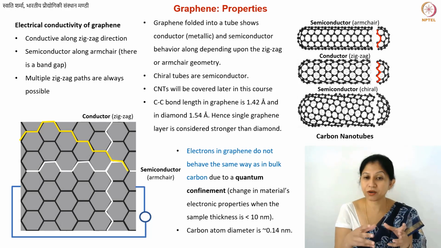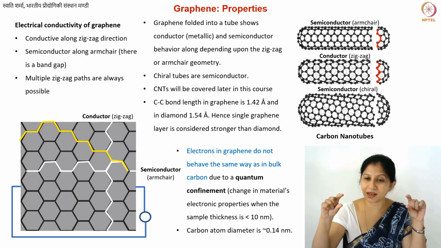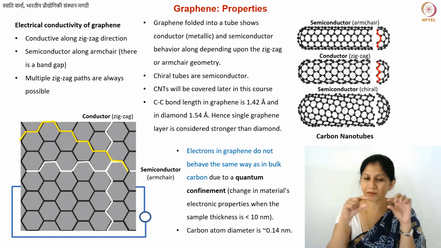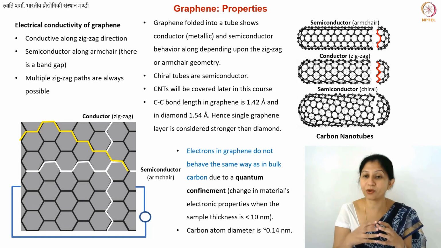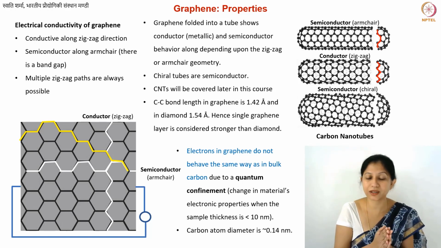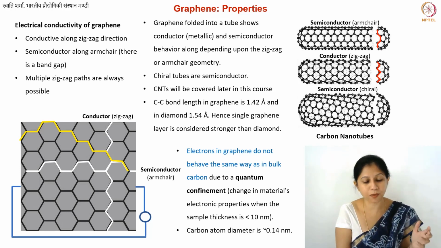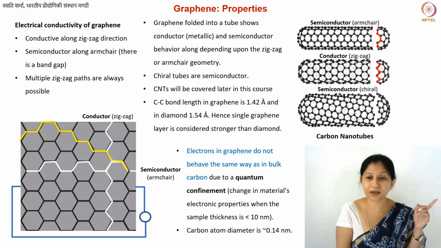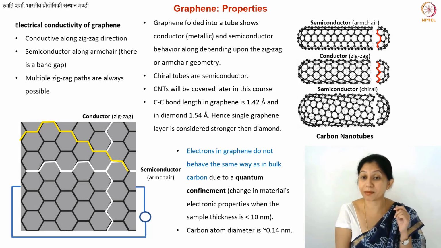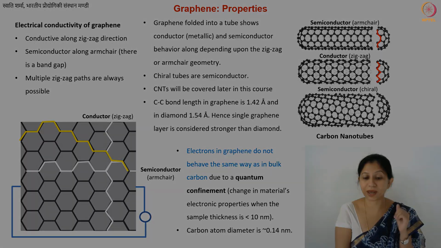The diameter of a carbon atom is approximately 0.14 nanometer, so this is a single atom thick layer, an extremely thin layer. And when you have structures below 10 nanometer, there is something known as quantum confinement. A lot of properties of materials change when they are smaller than 10 nanometer, and that is why the electrons also behave differently in the case of graphene as they would in the case of graphite or other bulk carbon materials. Okay.